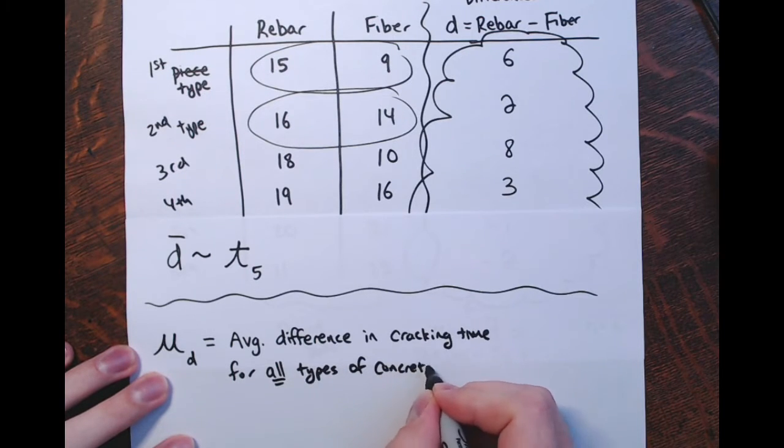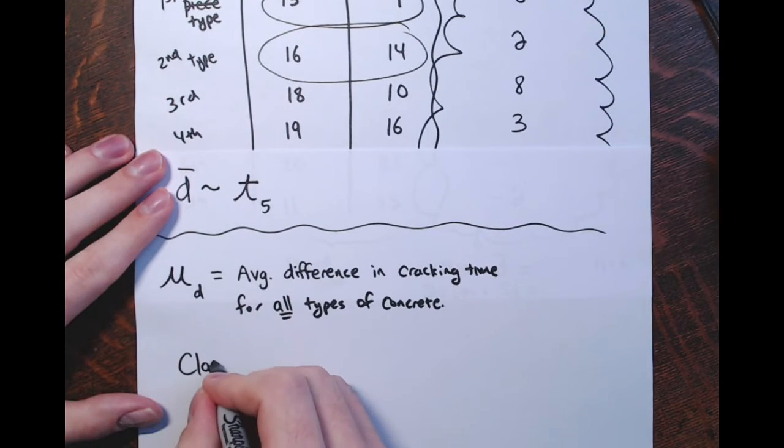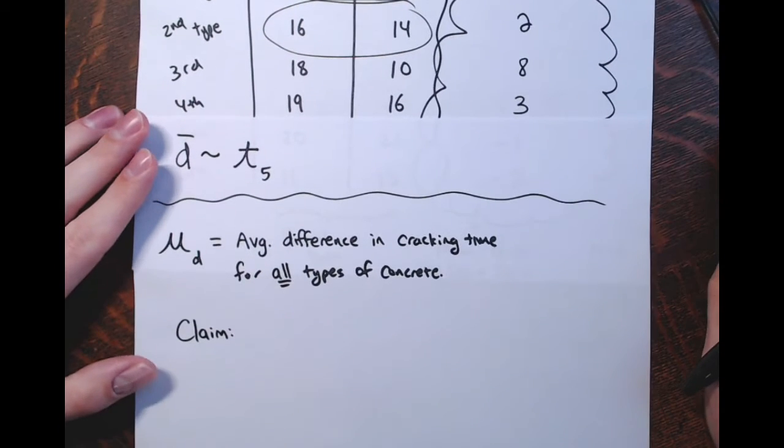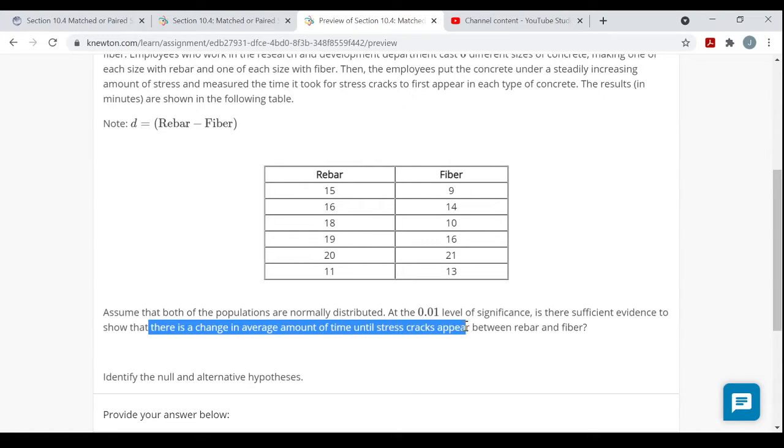All right. So the claim being tested here, they said they want to show, is there evidence to show that there is a change in the average amount of time until stress cracks appear between rebar and fiber?